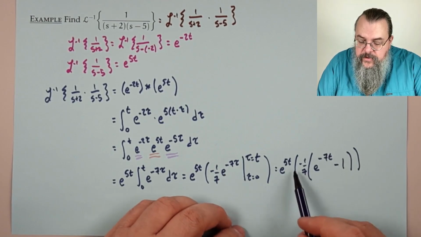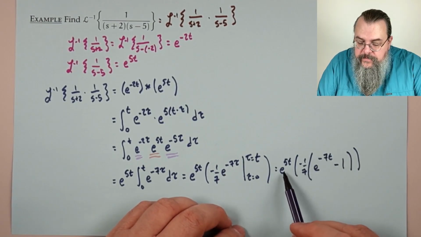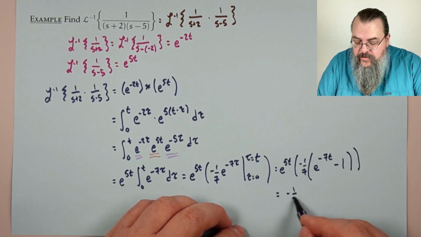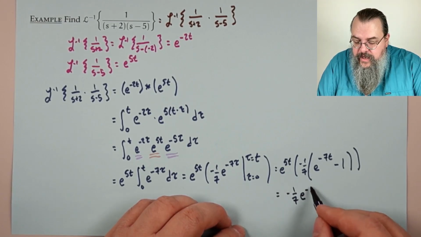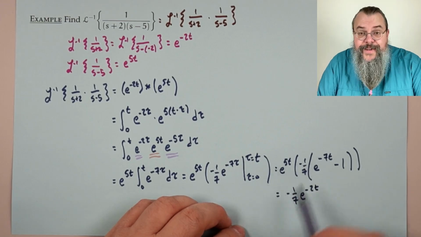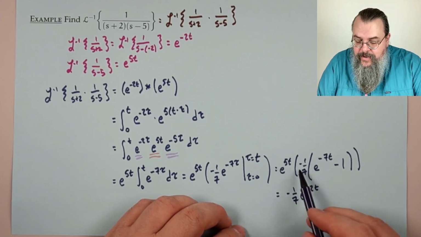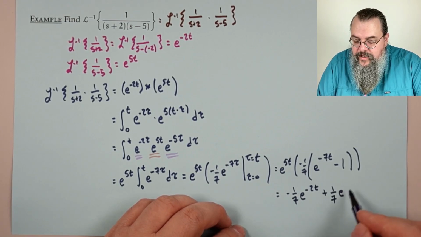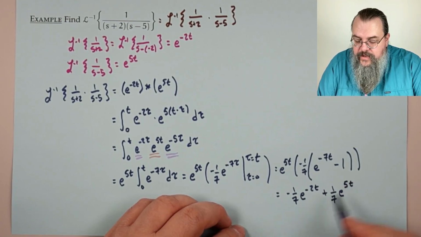Okay, so distributing this through, we have e to the 5t, e to the minus 7t. That leaves us with a minus 1/7 e to the minus 2t, right? 5t minus 7t. And then minus 1/7 times minus 1 makes a plus 1/7 e to the 5t.